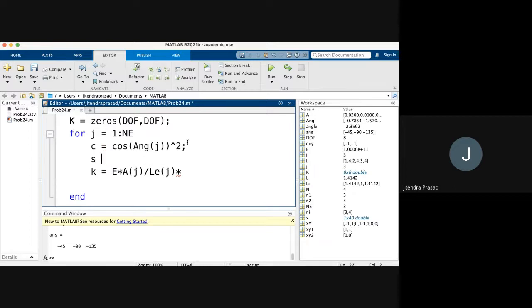And s we are writing equal to sine squared, a shortcut so that we can easily write.